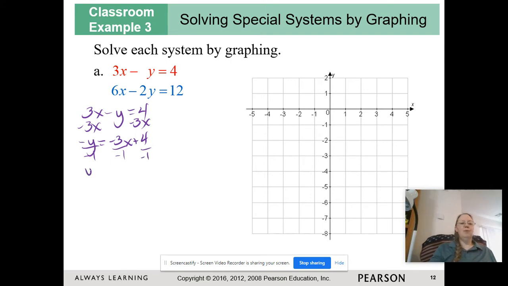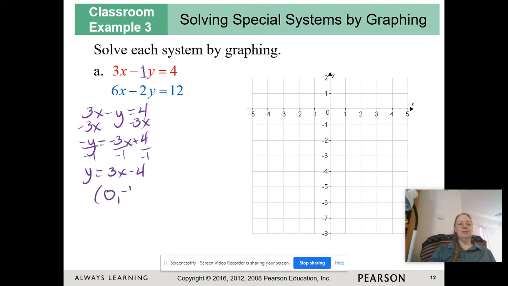By the way, why would I say it looks pretty easy to put in slope-intercept form? I was looking at this right here. Yes, it's negative, but it is 1 as opposed to a 2 or 6 or a 12. So because this is 1, that makes it fairly easy to put it in slope-intercept form.